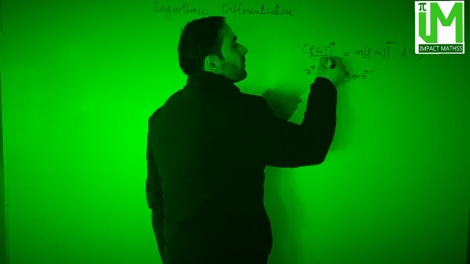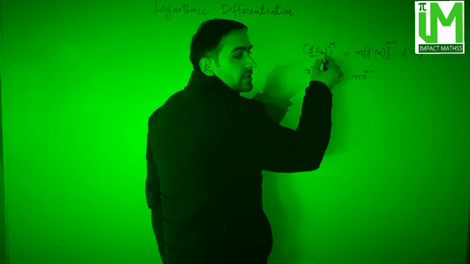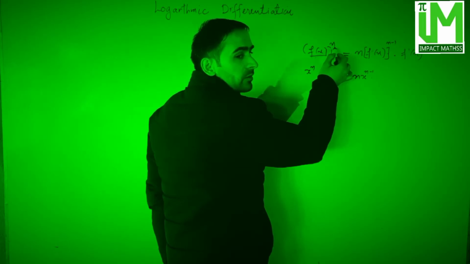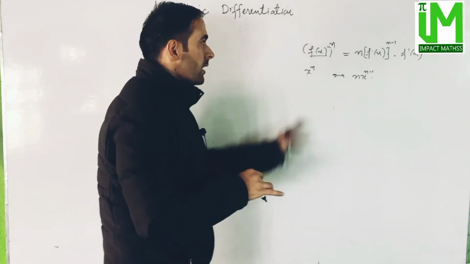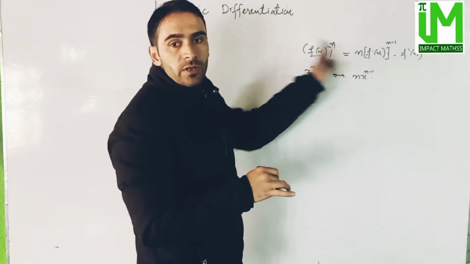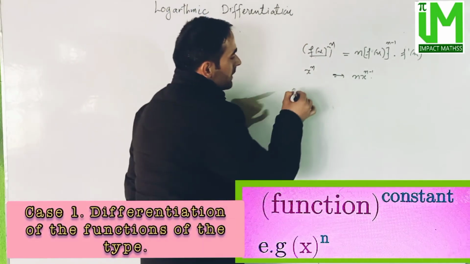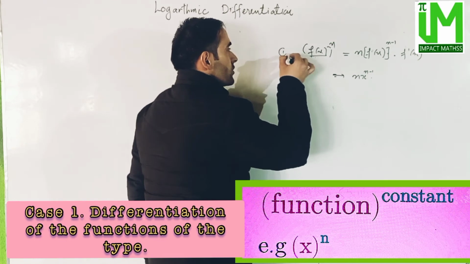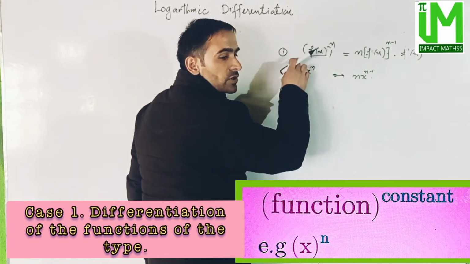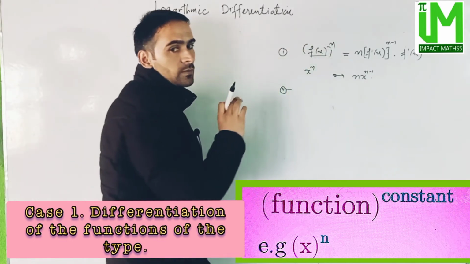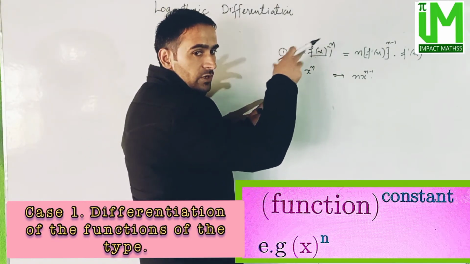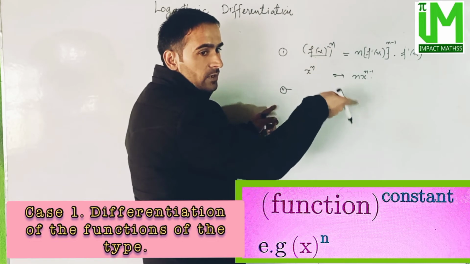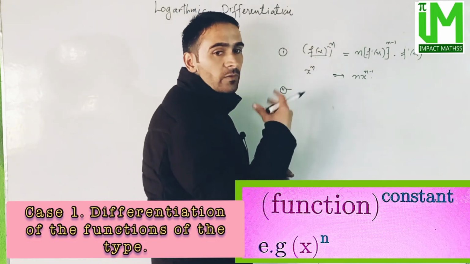So this is f of x raised to power n. In fact this is a function raised to a power that is a constant. The main idea here is a function raised to a constant power. When we have a function raised to a constant power, we multiply by the constant, into the function raised to power n minus 1, and then multiply by the internal differentiation of the function.